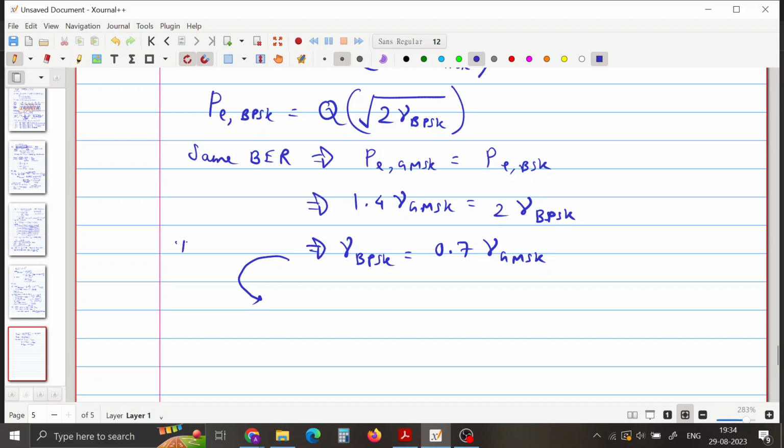So if I take 10 log base 10 on both sides, what do I get? 10 log base 10 of gamma BPSK equals 10 log base 10 of this whole term, 0.7 times gamma GMSK, and whenever there is a product inside a logarithm, you can split it by addition, right? Log of xy equals log x plus log y. So I can write it like this.